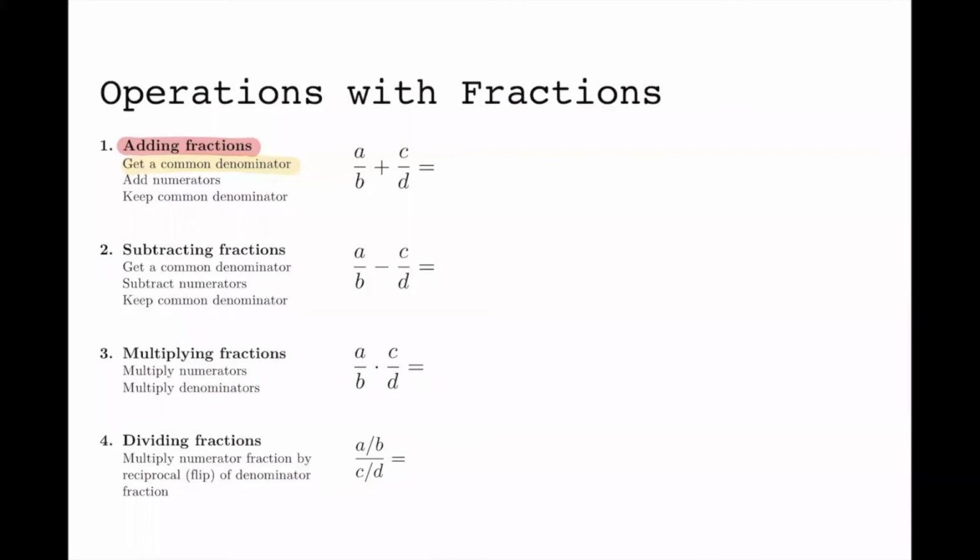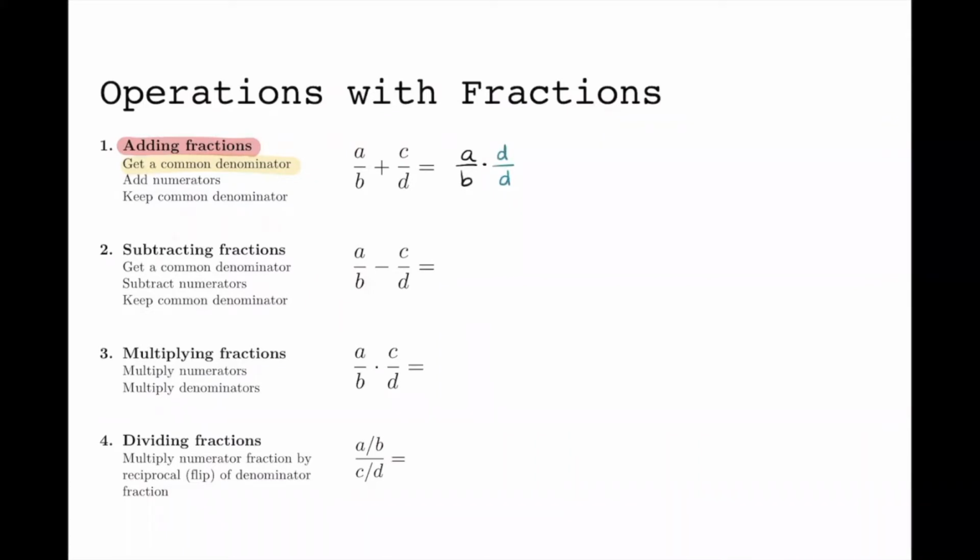We can change the denominator of a fraction by multiplying it by something, as long as we multiply the numerator by that same something. So we can't change the denominator or numerator of a fraction by adding or subtracting the same thing in top and bottom, only by multiplying by the same thing in the top and in the bottom. So a over b here can be multiplied by d in the denominator, as long as we also multiply by d in the numerator.